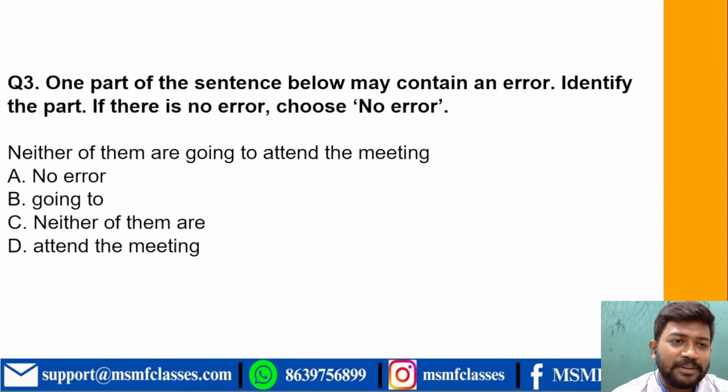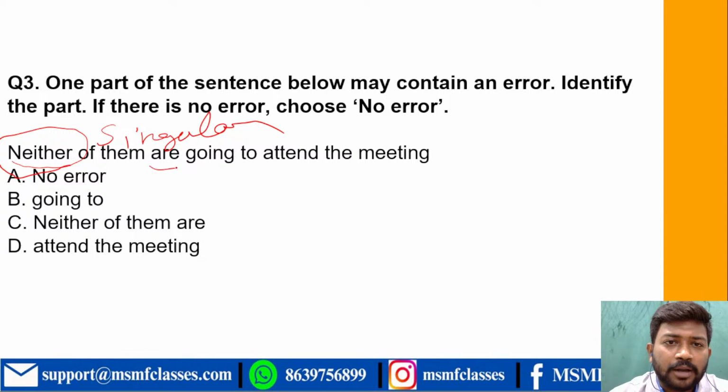So let me explain what the answer is. Whenever we use the subject neither or either, it must be considered singular. For singular subjects, we don't use are. So "neither of them are" we should not use, because neither is singular.